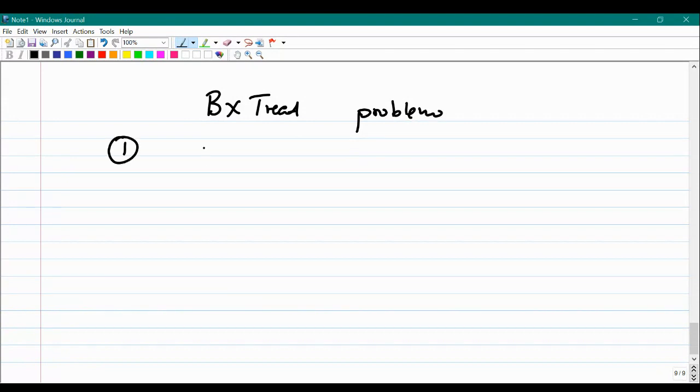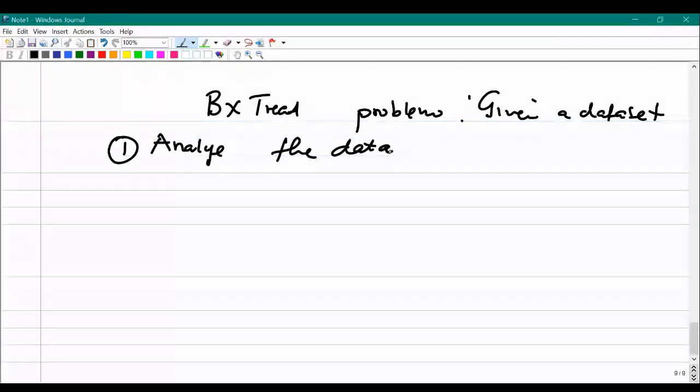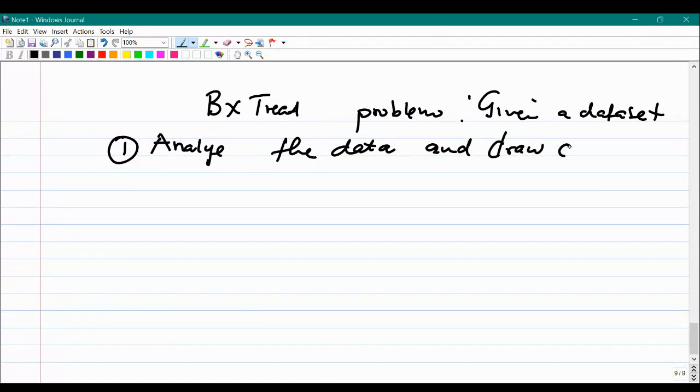Let me show you the difference between the two. Suppose you are given a data set. Here's the question: analyze the data and draw conclusions.